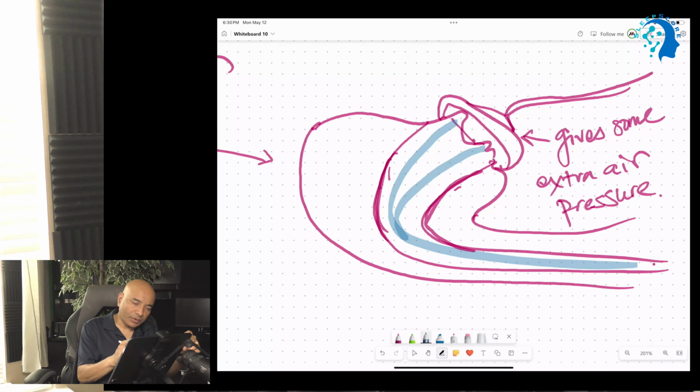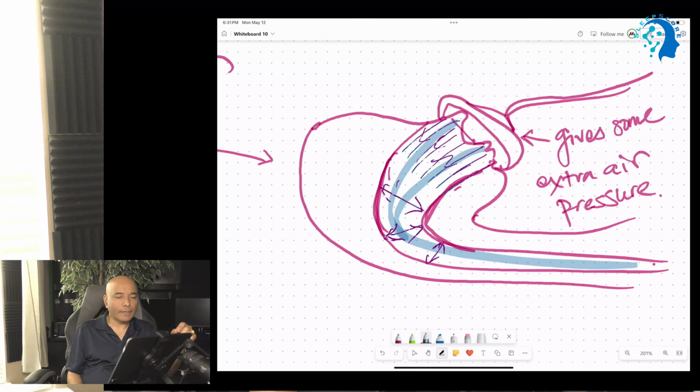This area will be open, so people can breathe. The airflow will help to open this area.